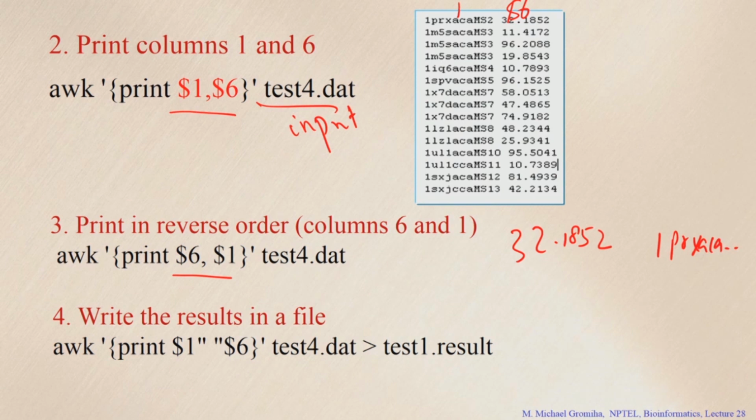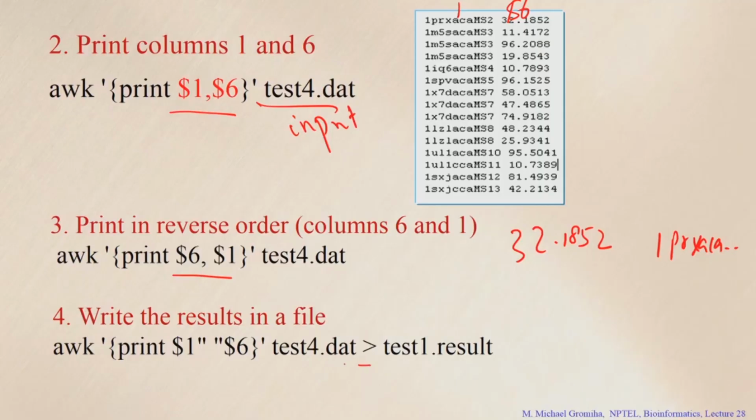Okay, now here this is the screen. If you just give the input file with the awk command, you can see the data on the screen. If you want to write the answer to a file, what should you do? We have to give the greater than symbol. That means the result obtained from this command will go to this file.